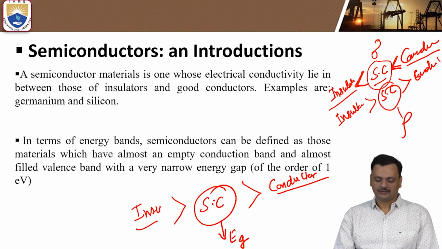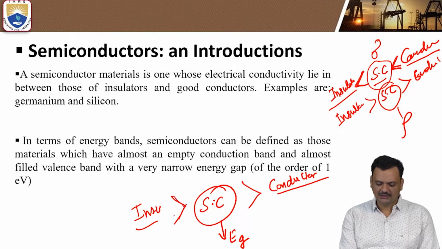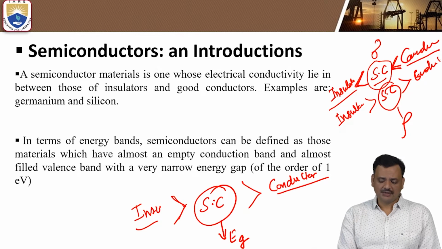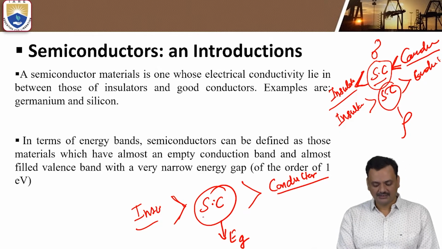This relation is similar to the resistivity relation: the semiconductor energy band gap is less than that of an insulator but greater than that of a conductor.